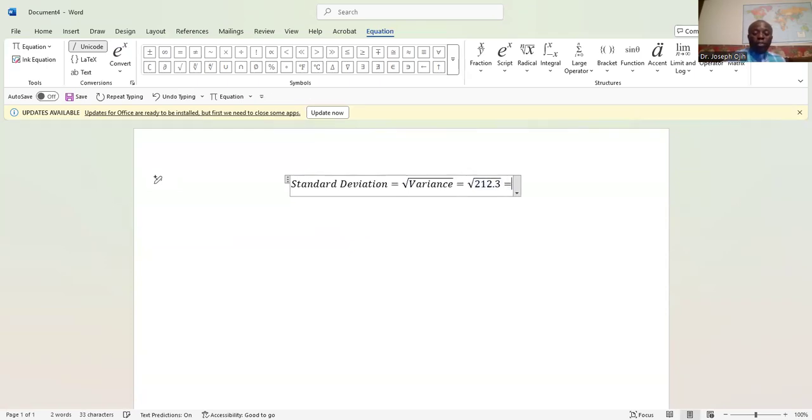That will give us the standard deviation, which we get from the calculator.